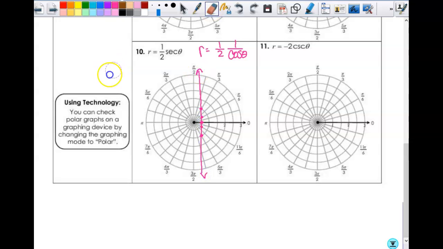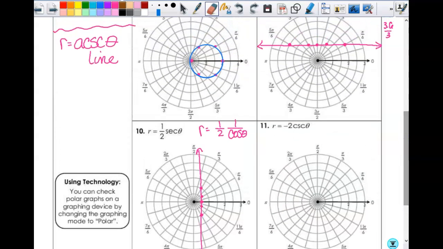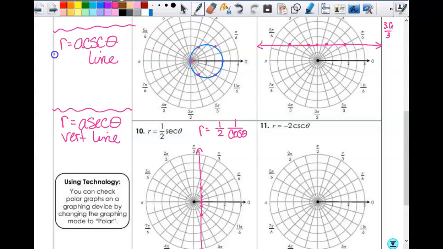So let's go back over here and write some things. Yep, sure is. And I will show you why once we get more of this under our belt. So r equals a secant theta is also a line, but the way they are here, this is a vertical line. It's always a vertical line. And this is always a horizontal line.